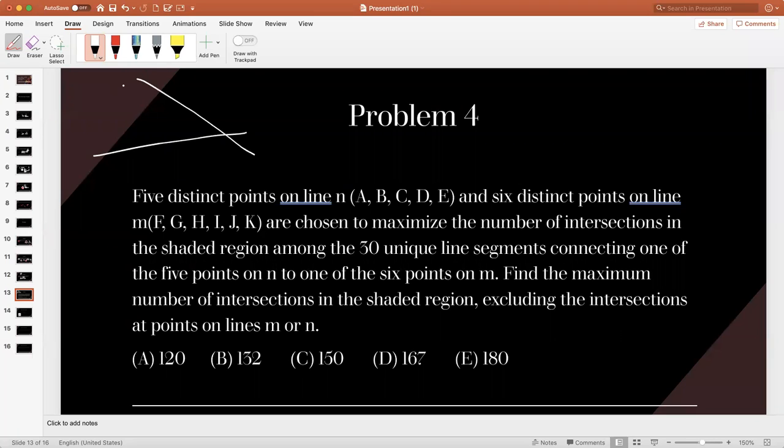I'll quickly draw one. The yellow highlighter is the shaded region.